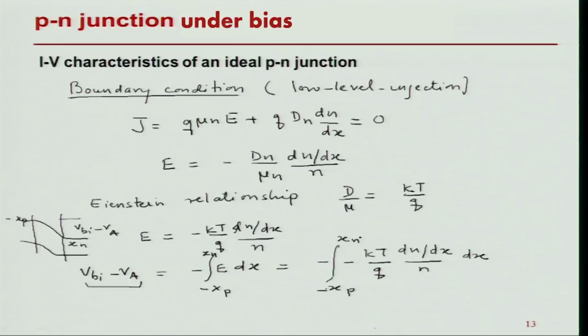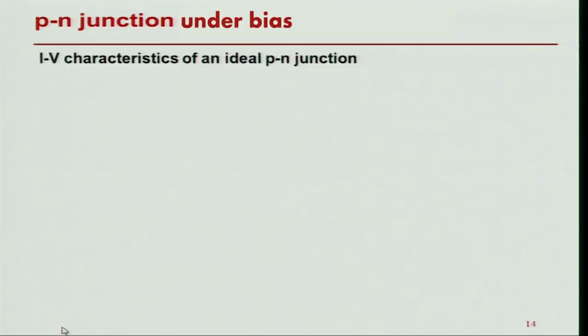So, let us solve this, and at the end we will get an expression which would relate V B minus V A with the concentration of carriers at the edge of the depletion zone. So, this is the electron concentration in the n type region, and this is in the p type region.